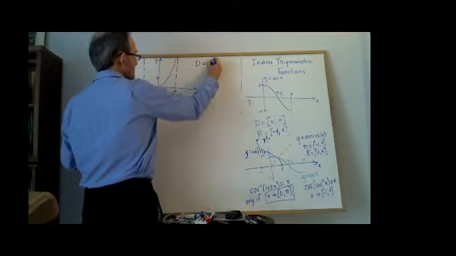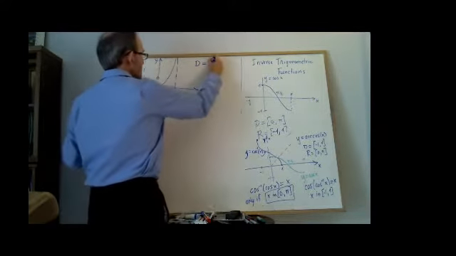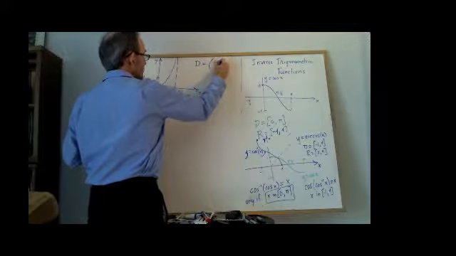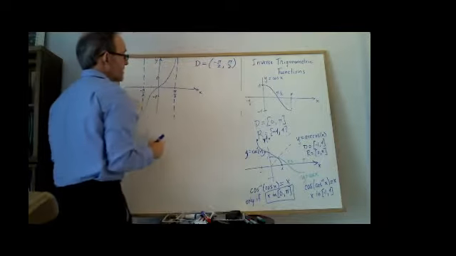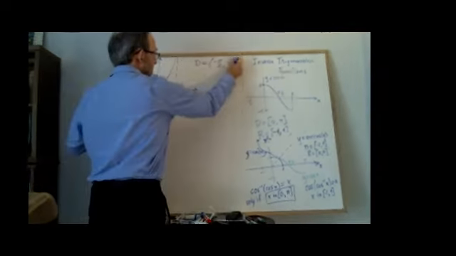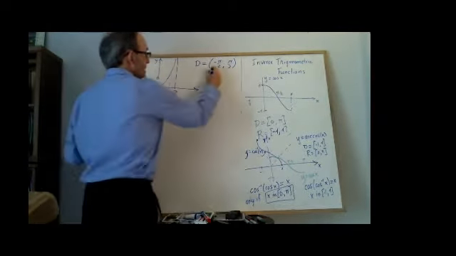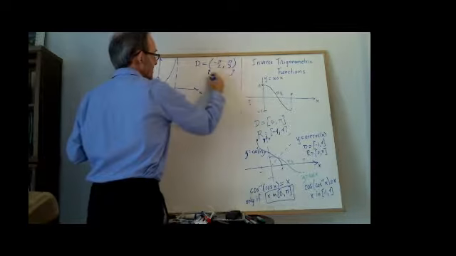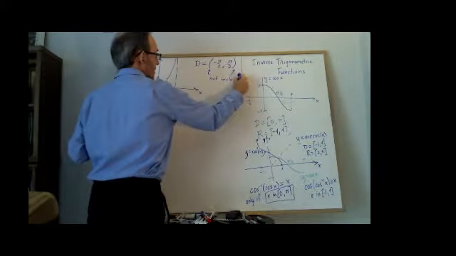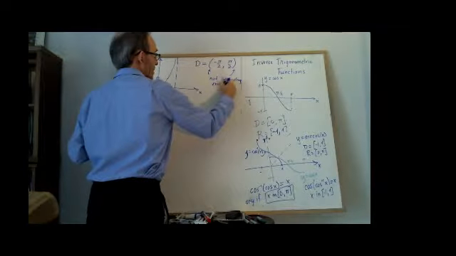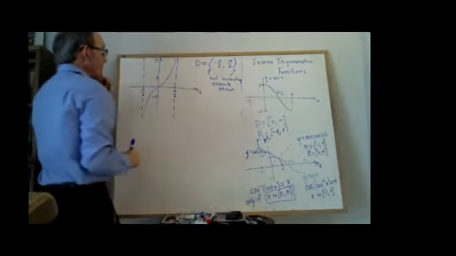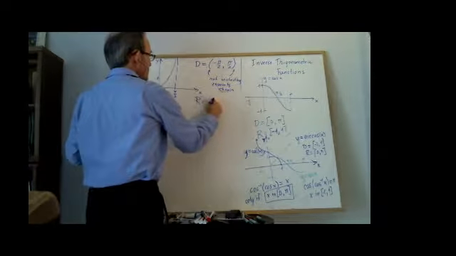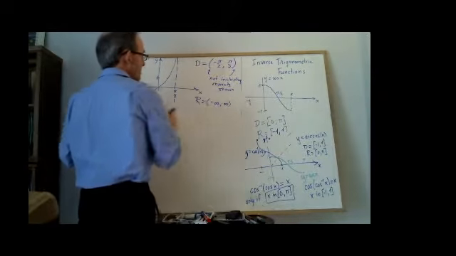So the domain is now restricted to be between, and not including, minus pi over 2 and pi over 2. Notice I now use the curved brackets. They mean not including the endpoints shown. And the range is all real numbers, so minus infinity to plus infinity.